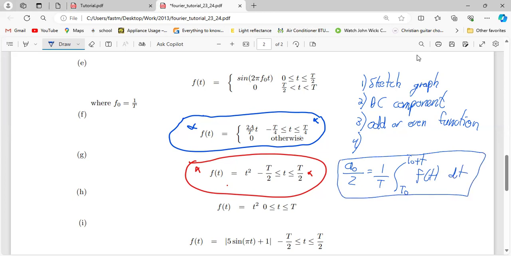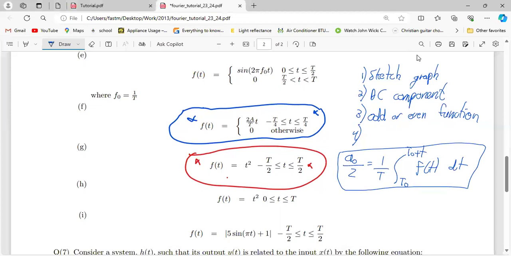Yeah? The second thing that could happen is that you can have a DC component and you may have to solve for AK or BK. So AK is 2 on T, integral from t0 to t0 plus T of f of t cos, AK goes with cos, right? dt.